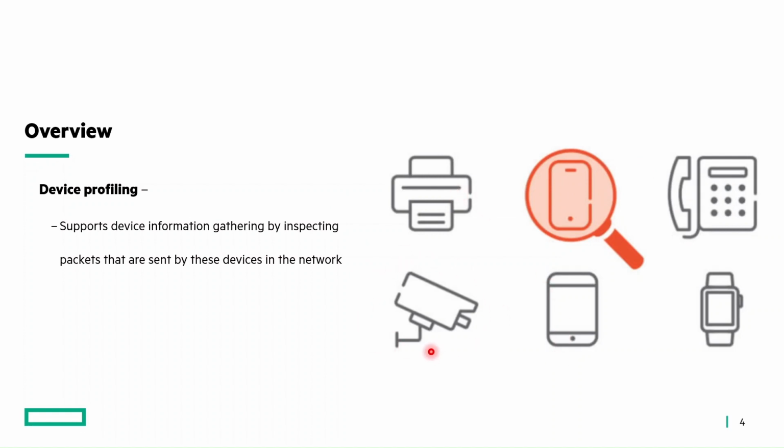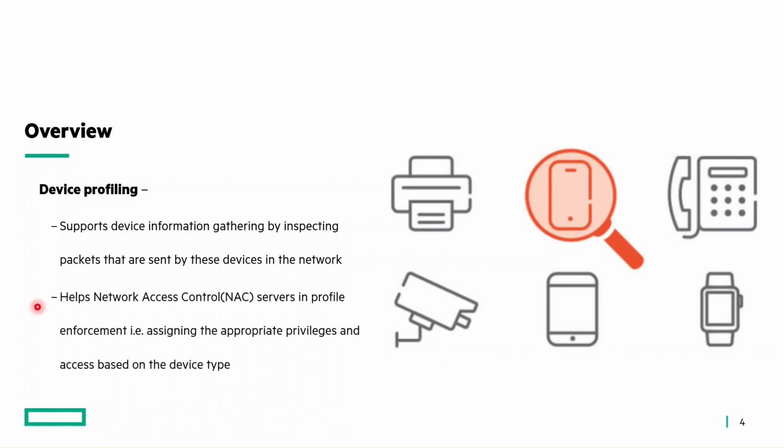This information is mainly used by network access control servers to implement bring your own device flows during the enforcement of profiles, that is, assigning the appropriate privileges and access to users based on the device type and the identity of the user.